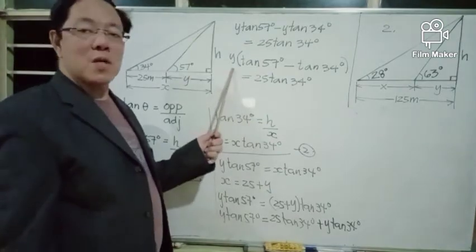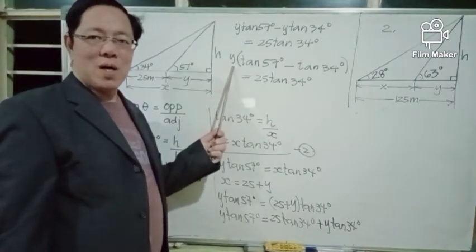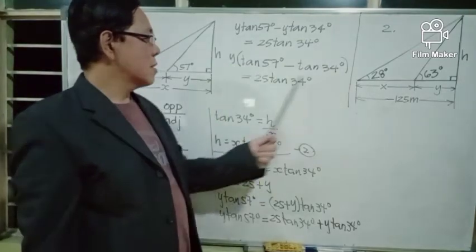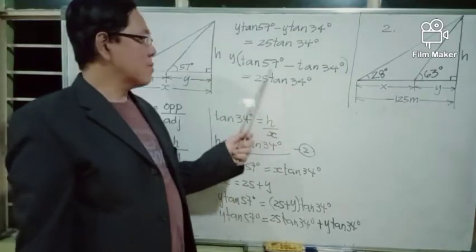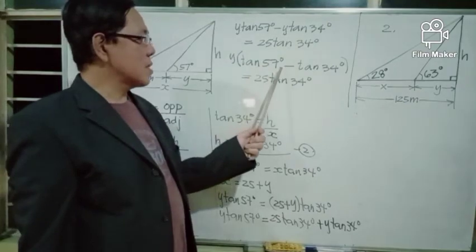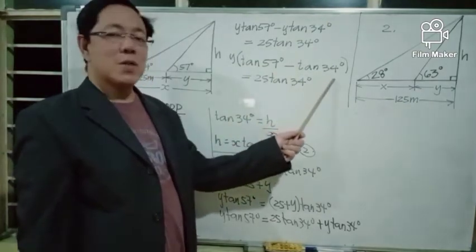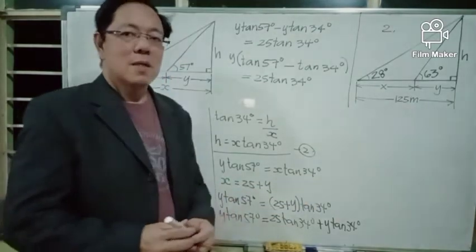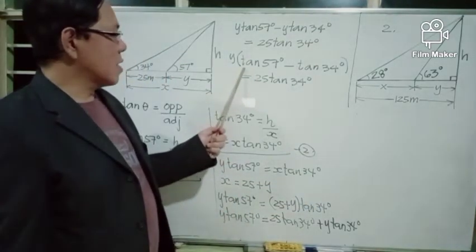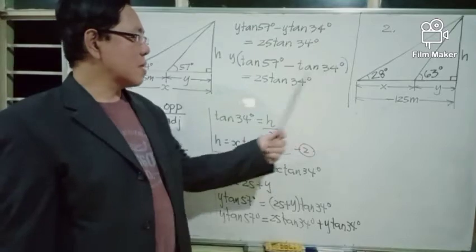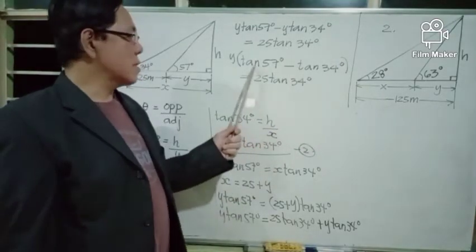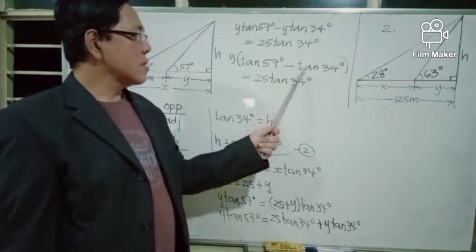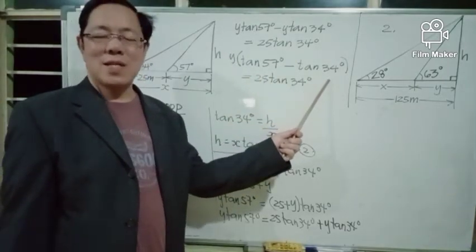Now from this equation, we can solve for y by dividing both sides by tangent of 57 degrees minus tangent of 34 degrees.